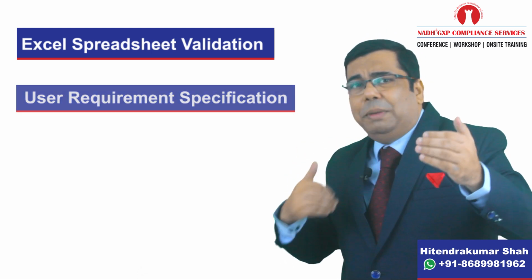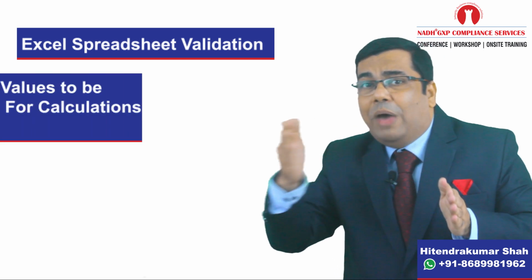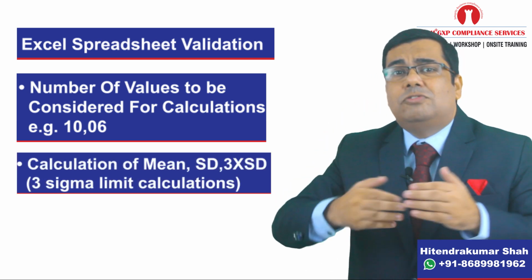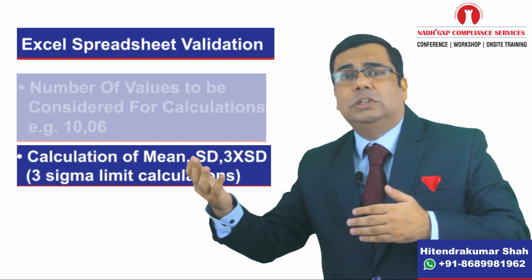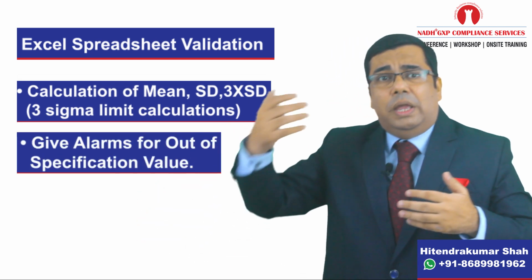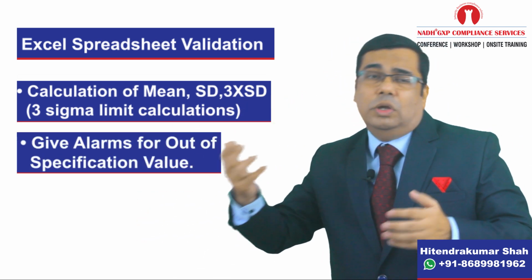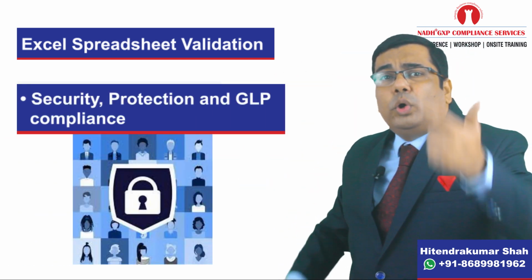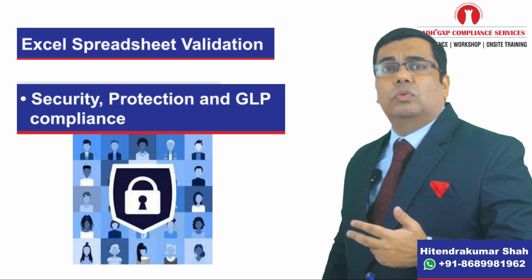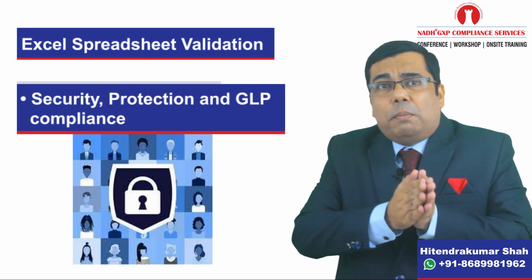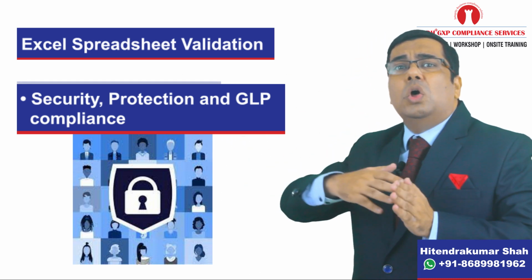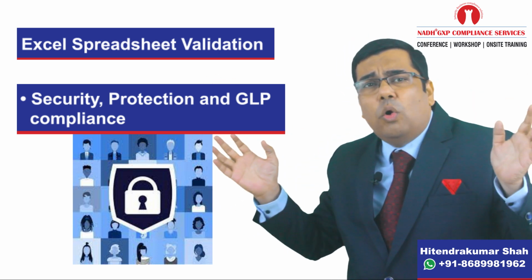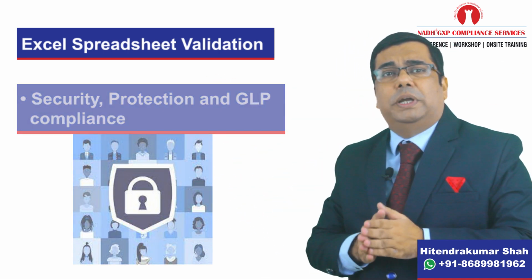Let us take some examples: the number of values to be considered for calculation, maybe 10 or 6; calculation of mean, standard deviation or 3 times standard deviation, 3 sigma calculations, etc.; alarms for out of specification values; specification should highlight results for easy detection; security, protection and GMP compliance, or you can say GLP compliance; protection from unauthorized modifications, formula protection, other cells protection, worksheet protection, etc. All of this you can put in the user requirement specification.